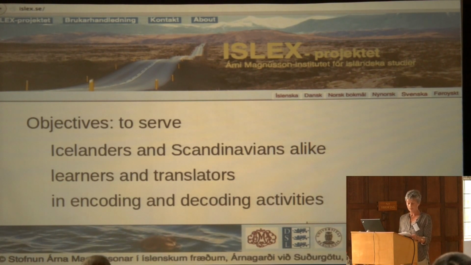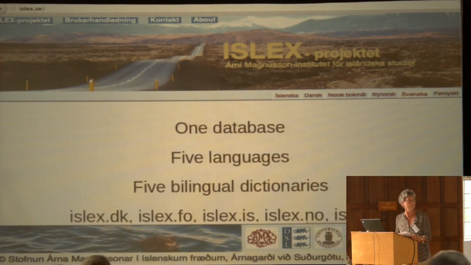The eLex online dictionaries are extracted from one database housing 5 languages. Icelandic lemmas, there are 50,000 of them, and Danish, Faroese, Norwegian, both varieties of Norwegian, and Swedish equivalents, explanations, and translations, and this is published in 5 different bilingual dictionaries.